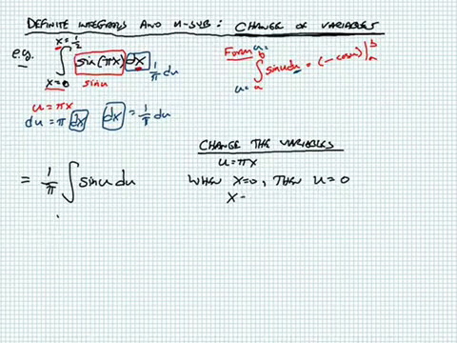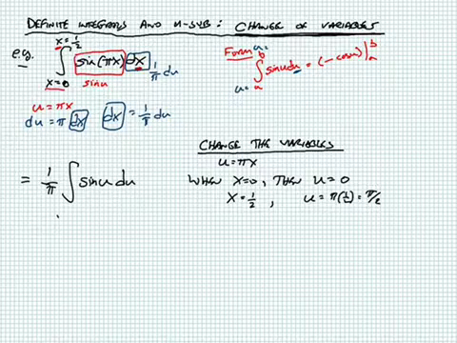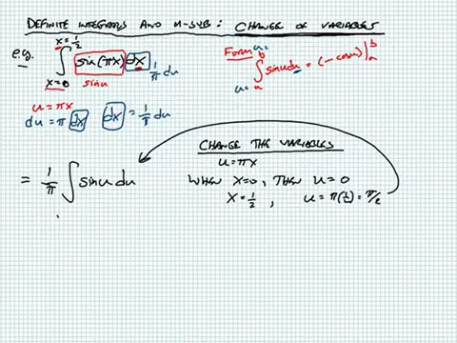And when x is equal to 1/2, then u is equal to pi times 1/2, which is pi over 2. Okay, so what I can do then is put these back into my integral over here. I'm going to write u just to remind myself that it needs to be in terms of u. So u goes from 0 to u goes to pi over 2. So do not use the x's here. Just make sure you change your variables to u.